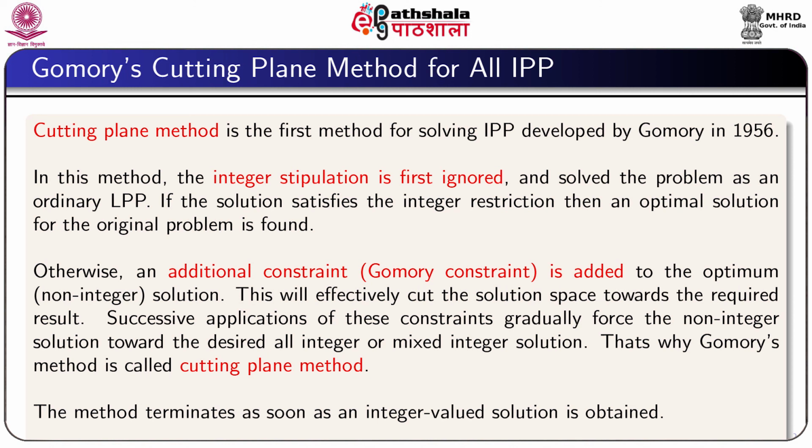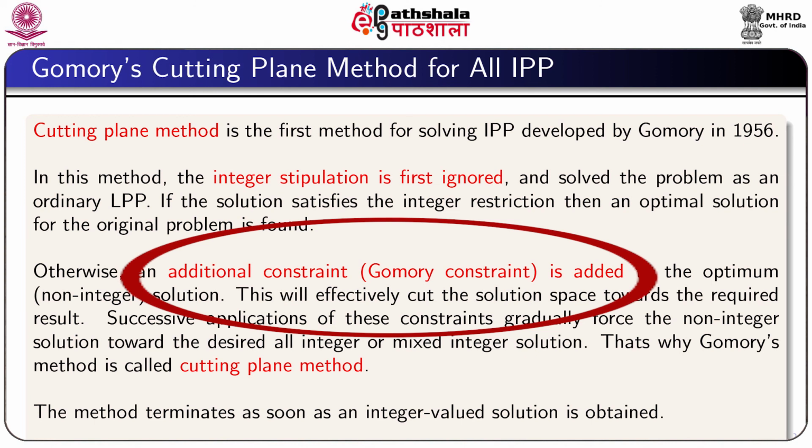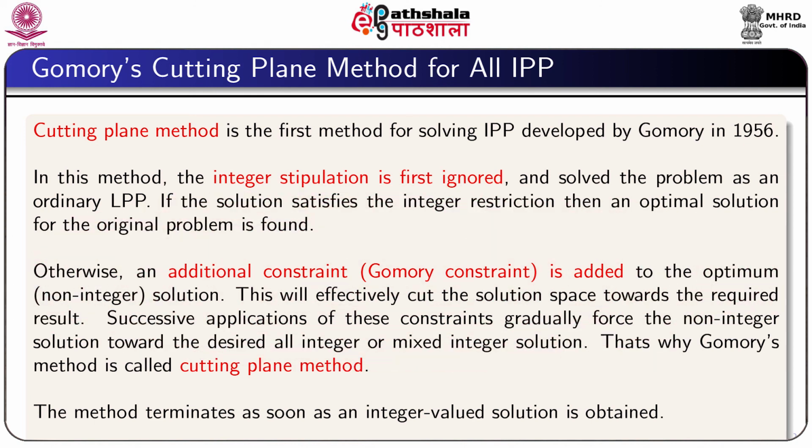If not, then an additional constraint is added, and by the name of Gomory, we call this constraint as Gomory constraint, and we add this constraint to the optimum solution.